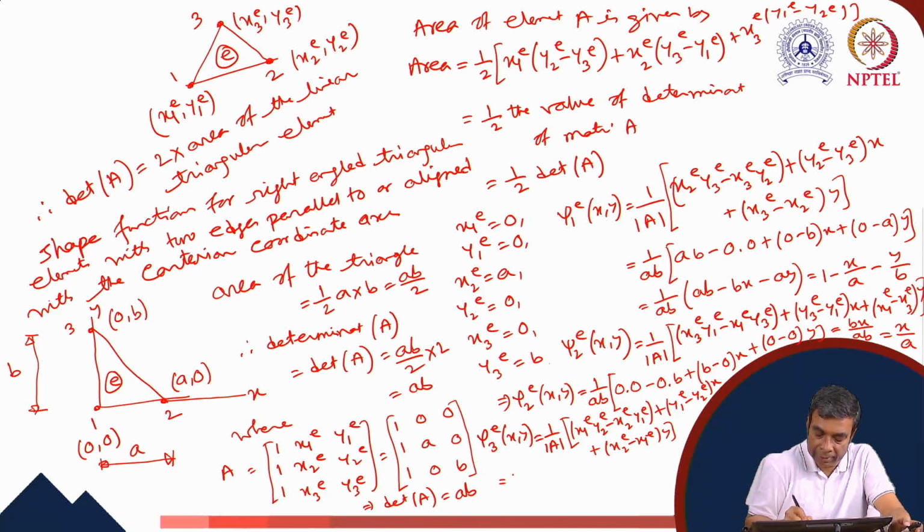This gives us 1 by ab into x1e y2e, x1e is 0, y2e is 0, so 0 into 0, minus x2e is a, y1e is 0, so 0 into a, plus y1e minus y2e.